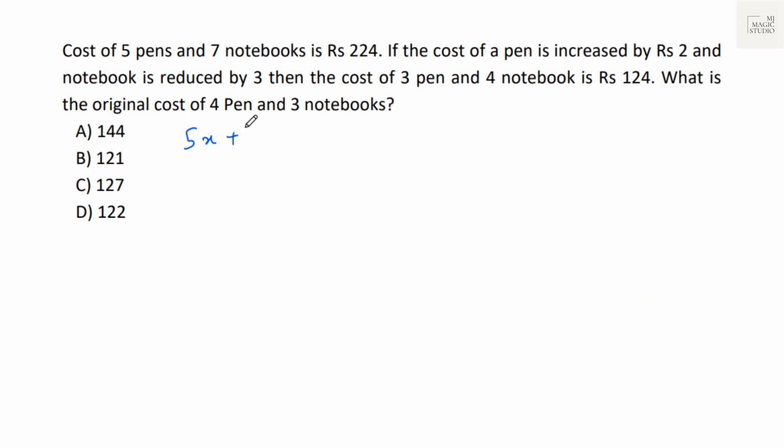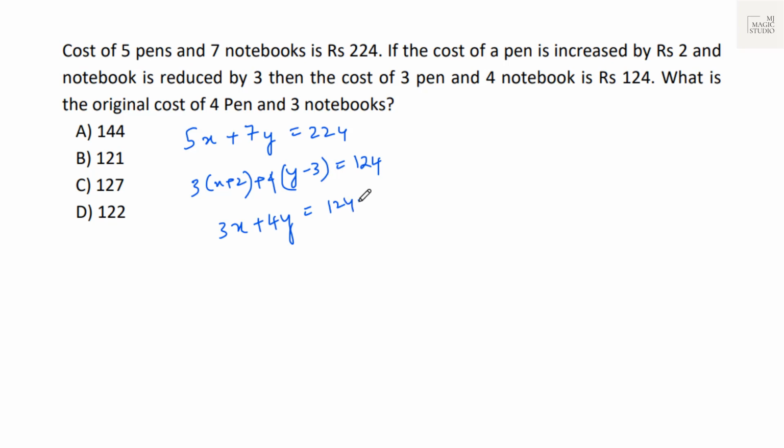So now what we have: the cost of 5 pens plus 7 notebooks is equal to 224. If the cost of a pen is increased by 2, the cost becomes x plus 2, and notebook is reduced by 3, then the cost of 3 pens and 4 notebooks is 124. Let me solve this.